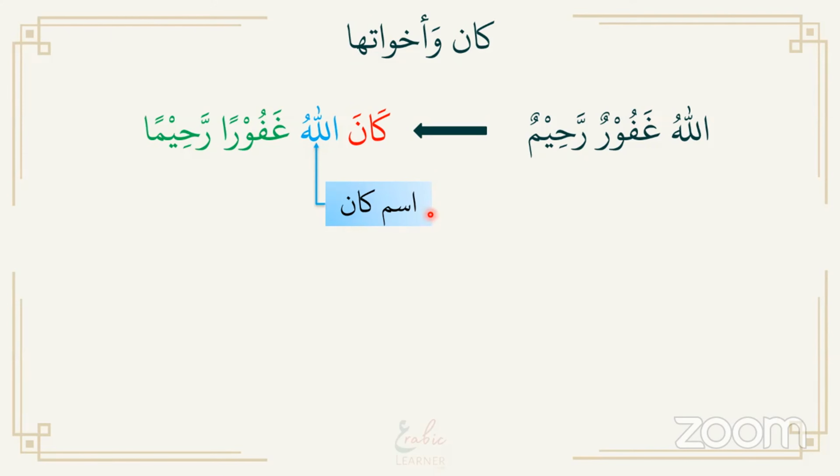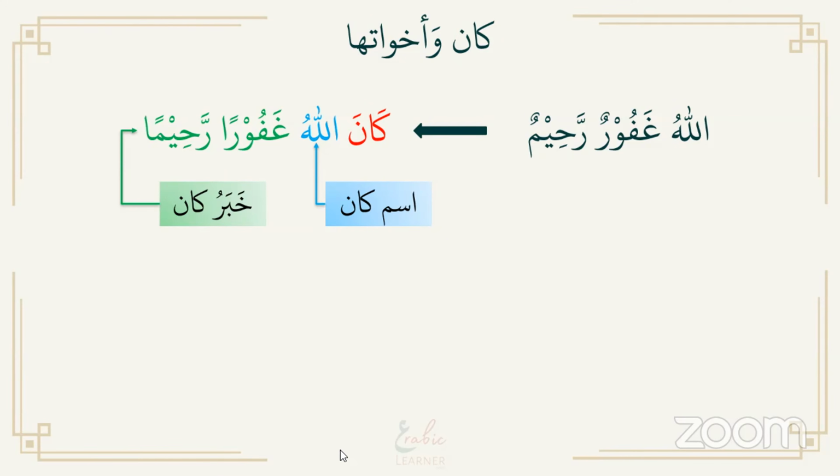In the normal sentence the khabar is marfu, but the moment kana came, it becomes Khabaru Kana, and it is mansoob, in the status of nasb. That's why you convert it into Ghafuran, and in the same way Rahiman.